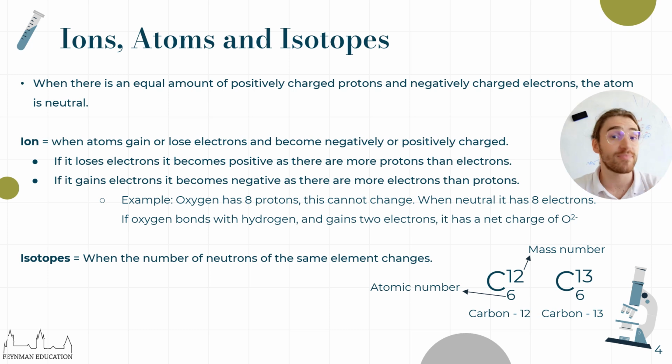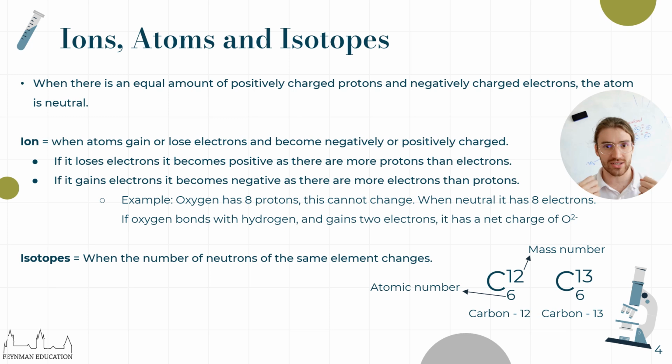Now, the number of protons cannot change. So the number of positive particles cannot change, but the number of electrons can change. And that's when you get ions. So ions are when atoms gain or lose electrons and become either negatively or positively charged. Okay. So if something gains an electron, it is going to have more electrons, more negative charged particles, than protons. Okay, positively charged particles.